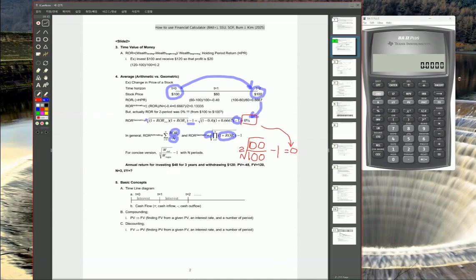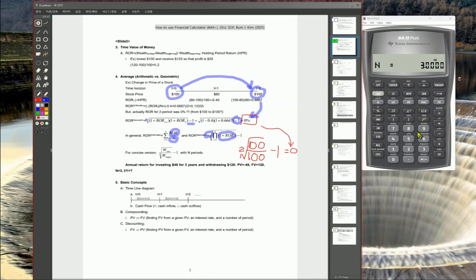Even though we did not discuss how to use the calculator yet, let's go ahead and use the calculator to get this answer. Annual return for investing $48 for 3 years and withdrawing 120. As you can see on those 5 keys on the third row from the top, you can enter them one by one. Since we have 3, we enter the 3.